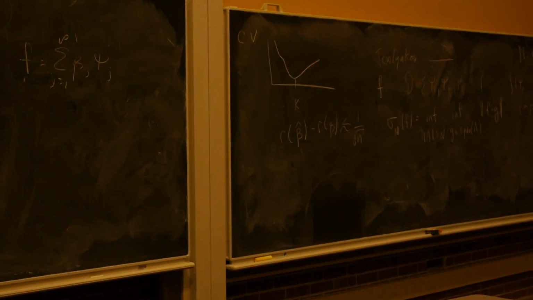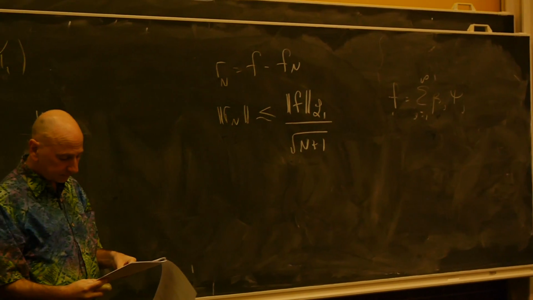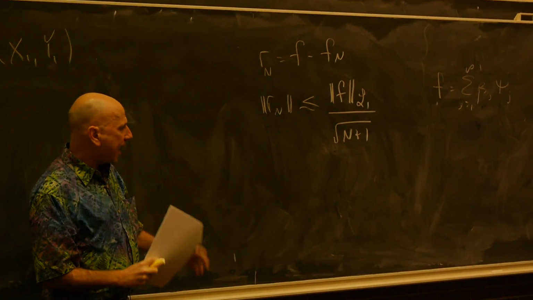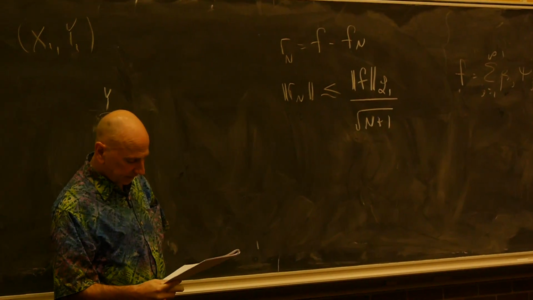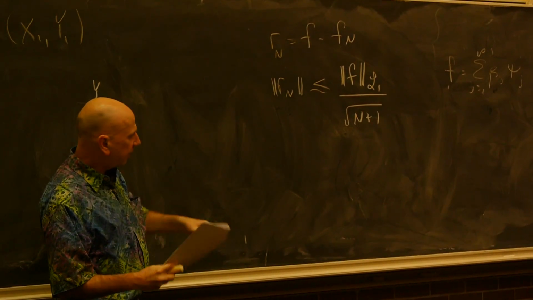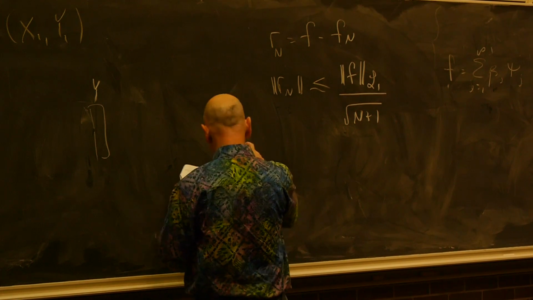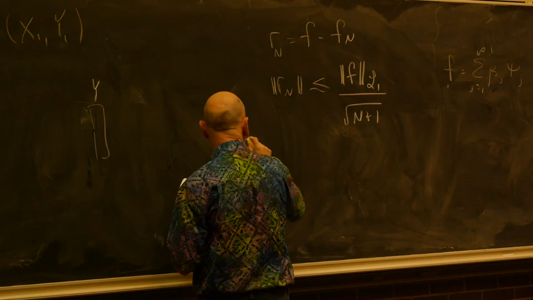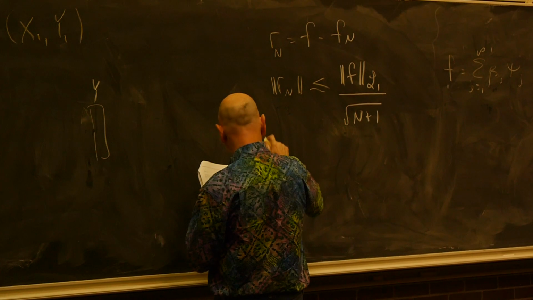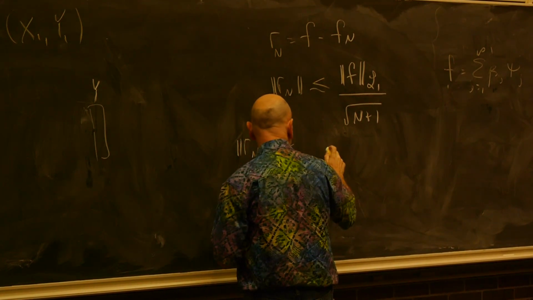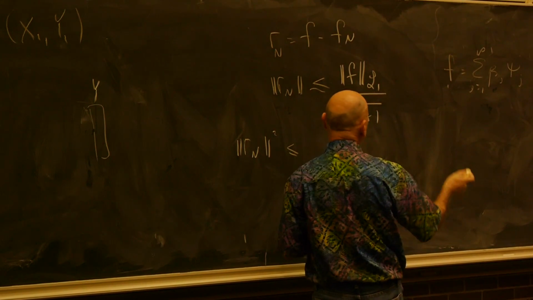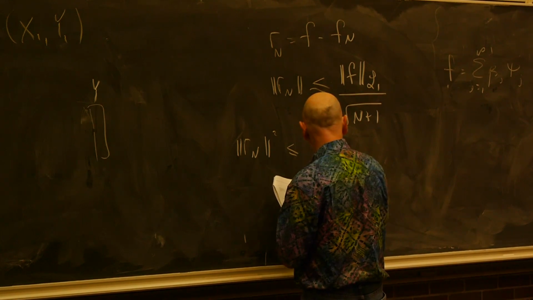And so this is showing you that this greedy procedure is approximating things very, very quickly. In fact, even if f is not in the span of these functions, then the residual can still be written. You just take the closest function h to f. Let's call h the closest function.